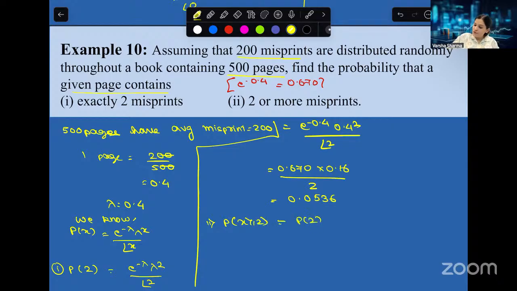Two or more. That means it can be two or more than two, that means till infinity.